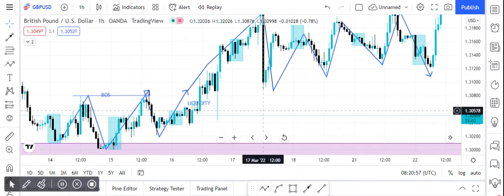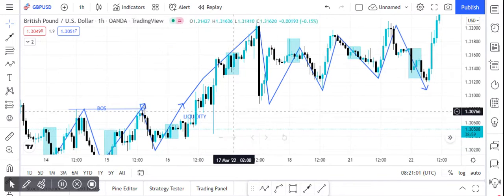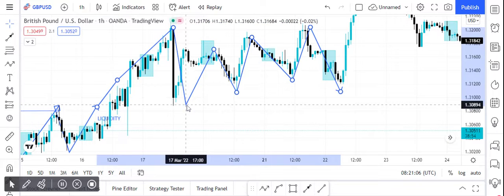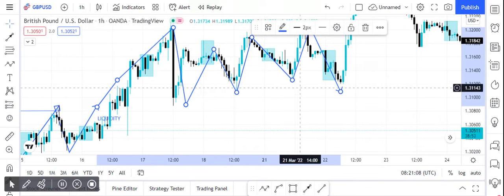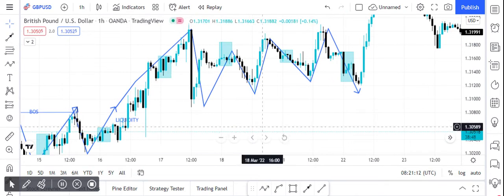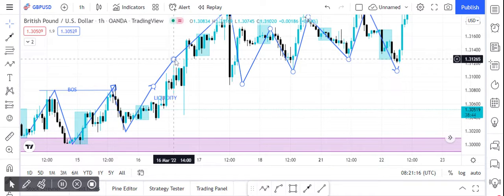When I was starting to trade, I used to buy at these lows here, and then I'd come back and find that I had been taken out. I lost my money, and I was like, why did I lose my money? Until I came to realize that the banks are the ones who manipulate this market.